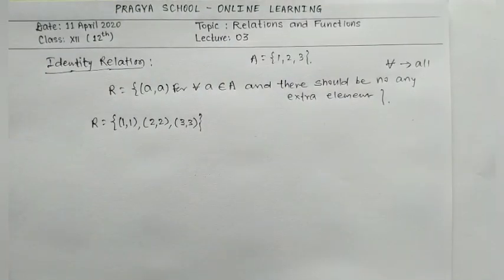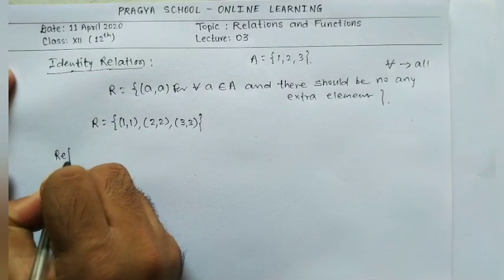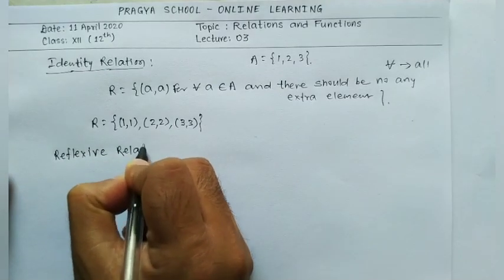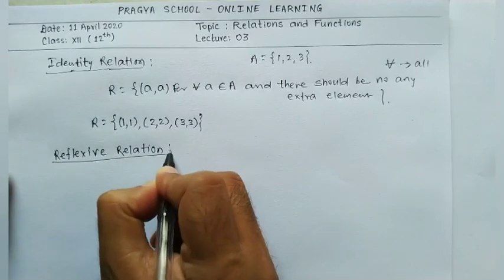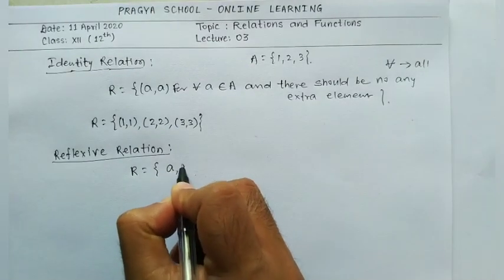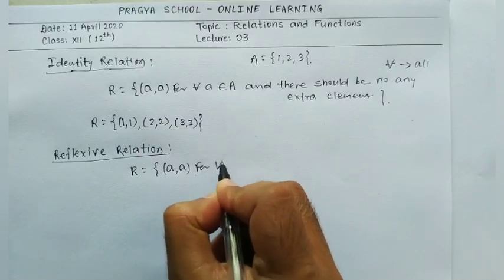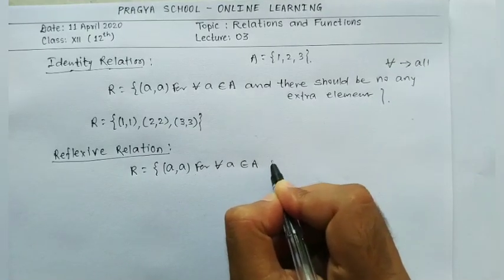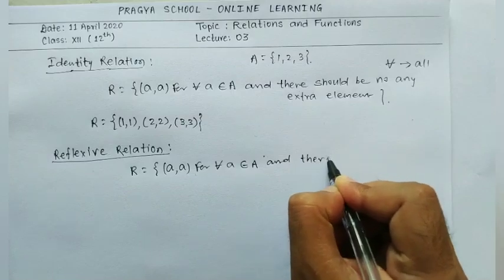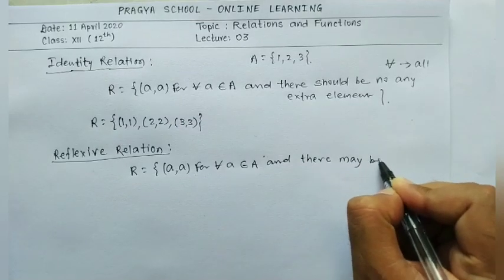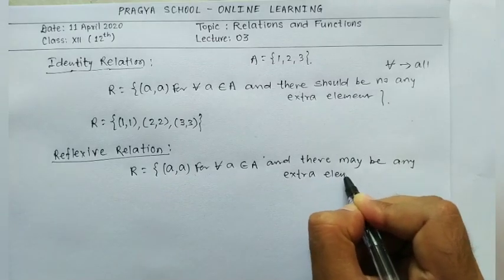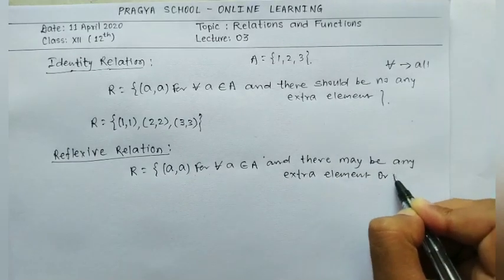So now consider the reflexive relation. For the reflexive relation, R equals (A, A) for all A belongs to capital A, and there may be any extra element or may not be.